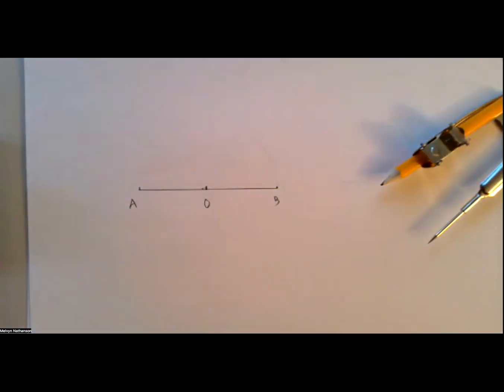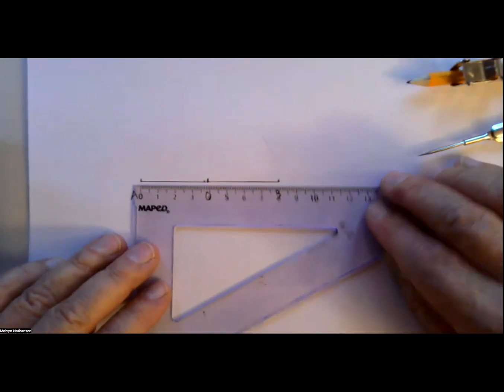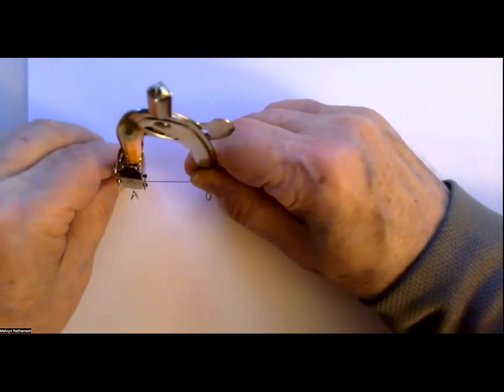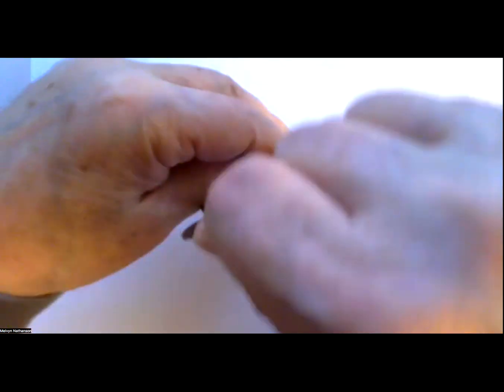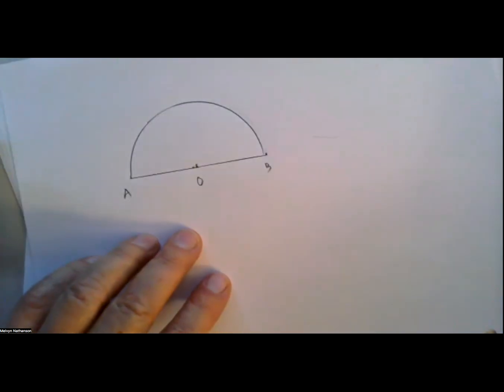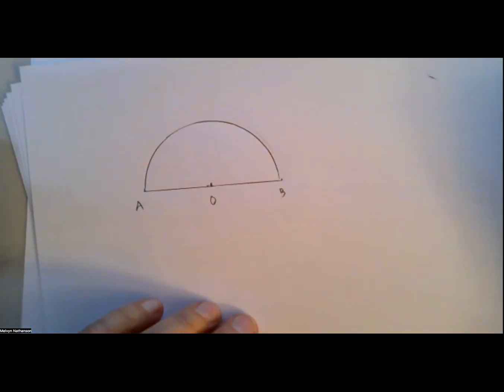Actually, I just need to draw the semicircle. So that is a semicircle with diameter AOB.